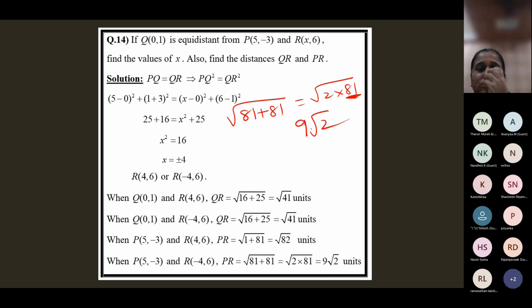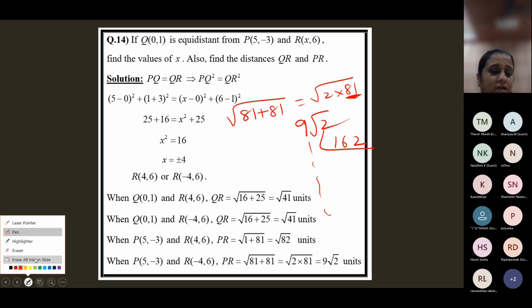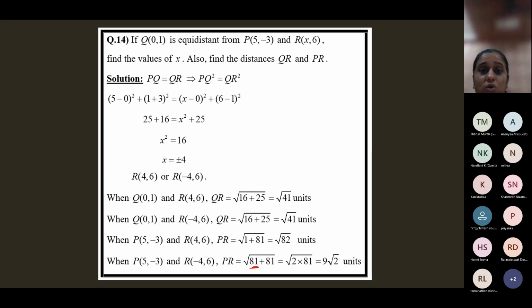This way you can save time. Otherwise you'll add and then take up 162 again and find the prime factors and all that. So when you have a perfect square, don't disturb it by adding. 81 plus 81 is 2 into 81. So 81 comes out of the square root as 9 and 2 remains under the square root. So 9 root 2 units.